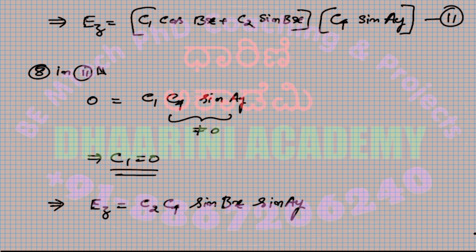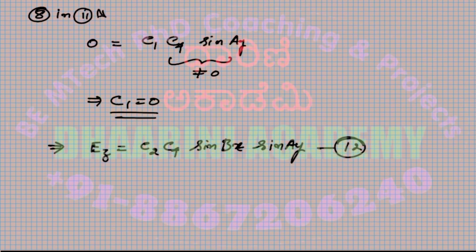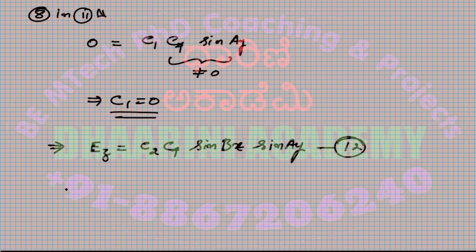Perfect. Now apply the boundary condition. I'll call this equation number 12. So then I'll put equation number 9 in 12.